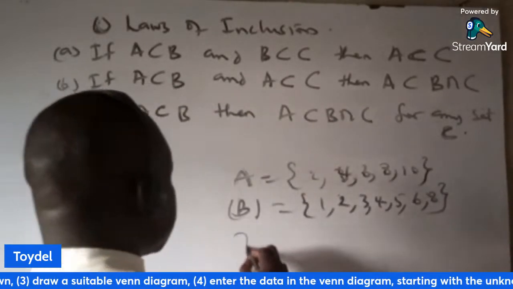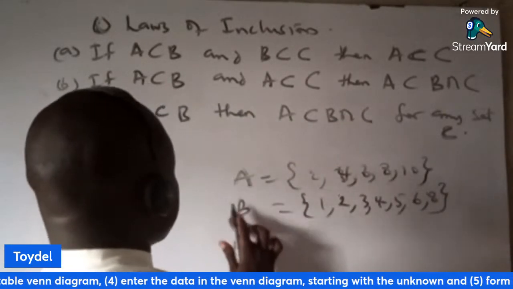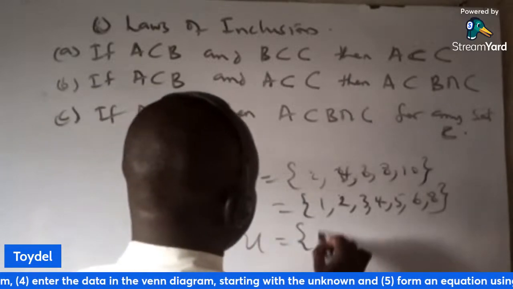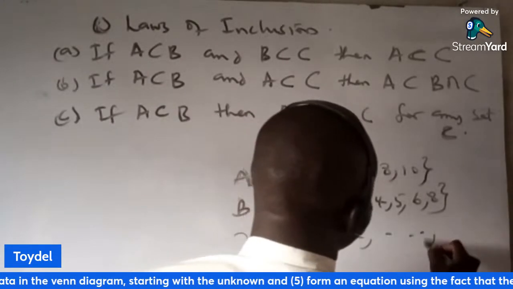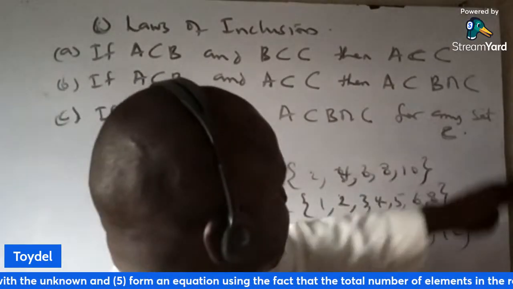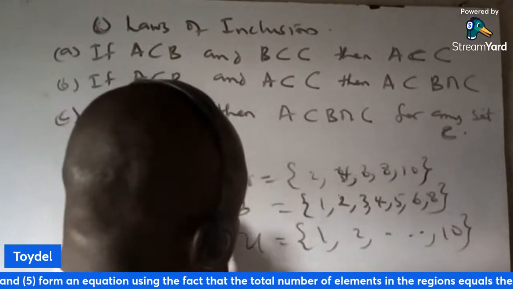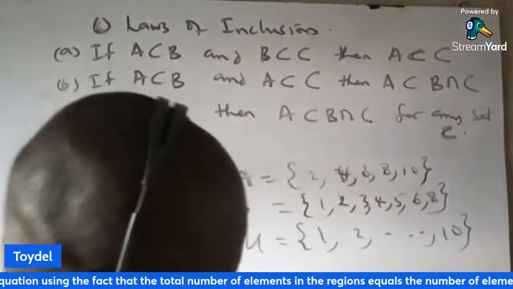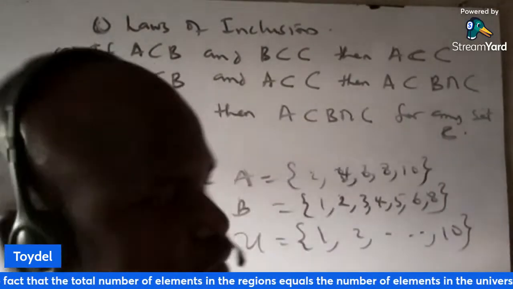Then we can represent the universal set to be the numbers from 1, 2 up to 10. It can still be any set. If you use these 3, you can verify all these laws of algebra of sets.